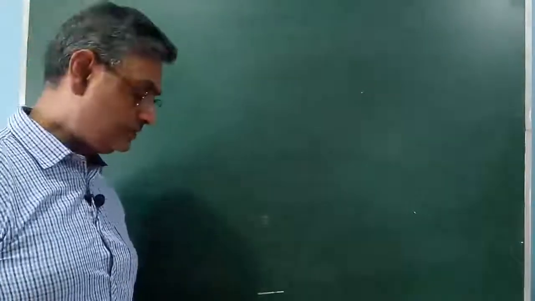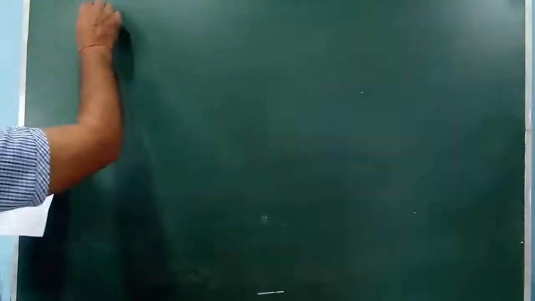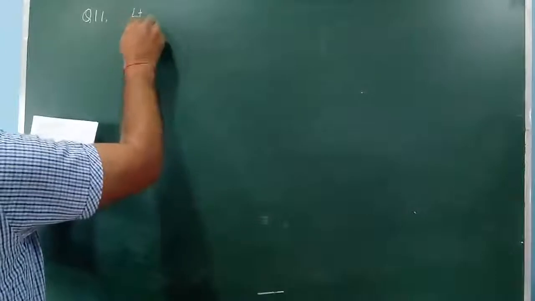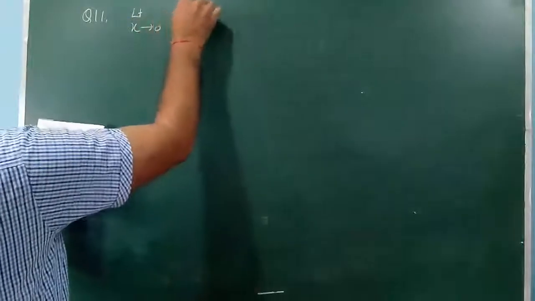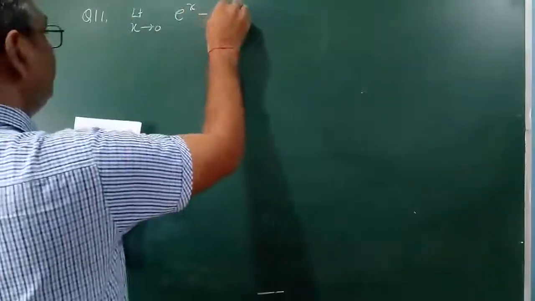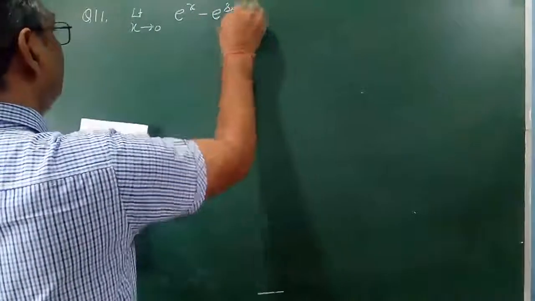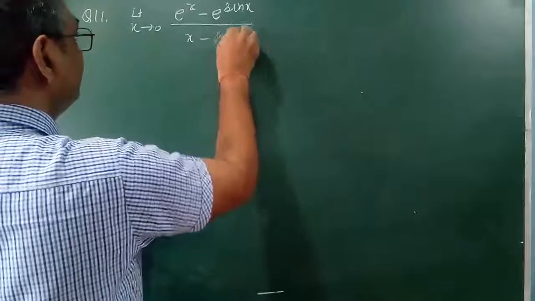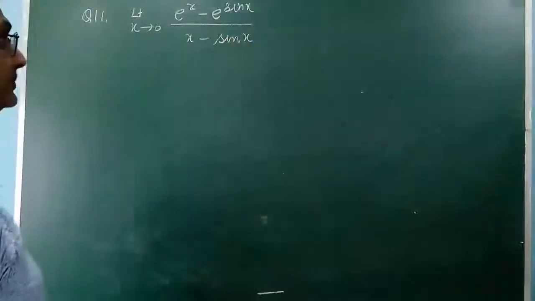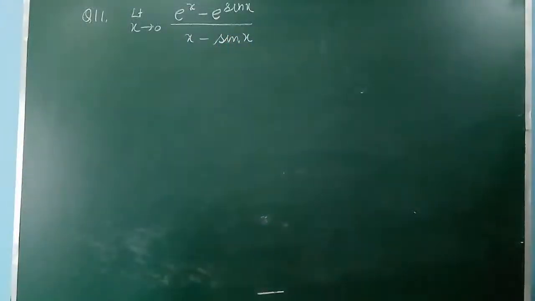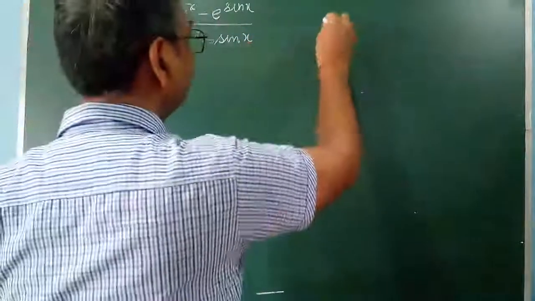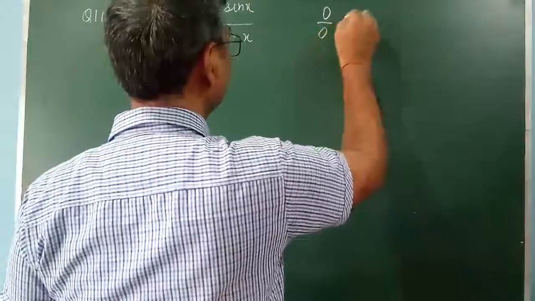So, today our first question is question number 11. Limit x tending to 0, (e to power x minus e to power sin x) upon (x minus sin x). Now, if I put the limit here, this is 0 by 0 form.